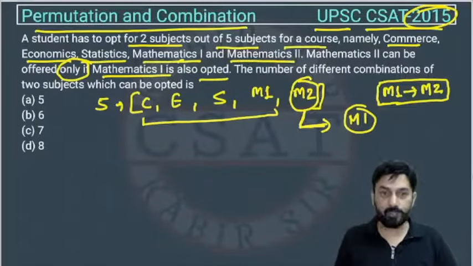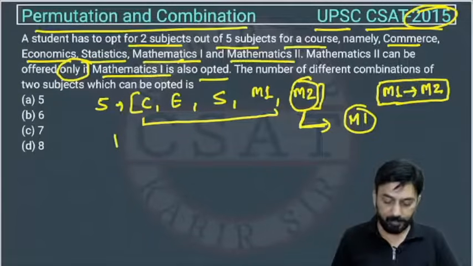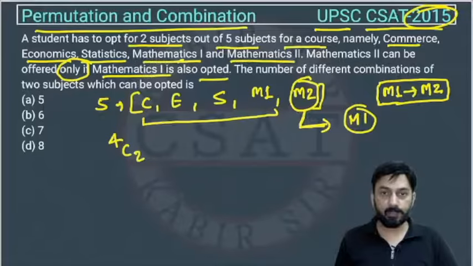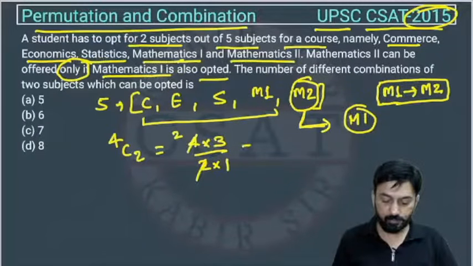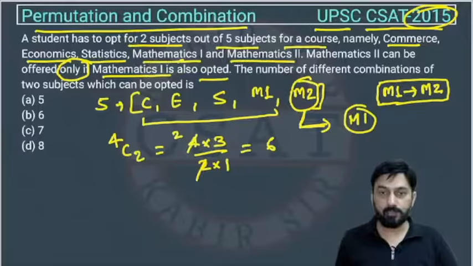Out of these 4, he can select any 2 subjects because he has to choose 2 subjects. This will be 4 into 3 upon 2 into 1. This 2 will cut this 4 two times, so 3 into 2 will be 6.